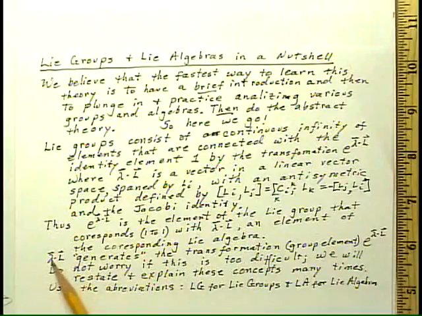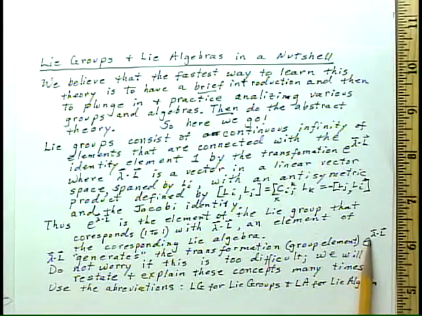You might say that the lambda dot L generates a transformation that's continuous from lambda equals minus infinity to lambda equals plus infinity for this Lie group element here. So this is the algebra. This whole thing is the group.